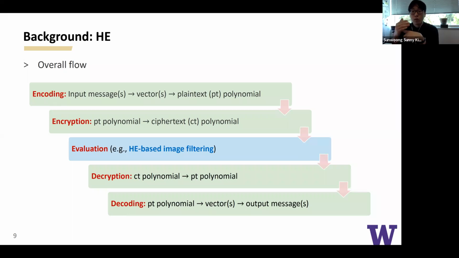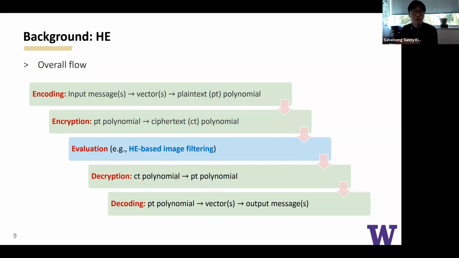And in a homomorphic encryption domain, a polynomial is a basic data type. The plaintext polynomial is then encrypted into a ciphertext polynomial, and the encoding and encryption are performed on the client side. The ciphertext polynomial is then transmitted to a server through a network.